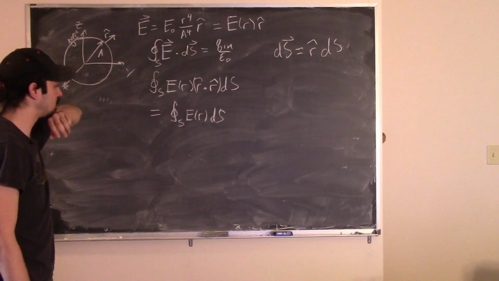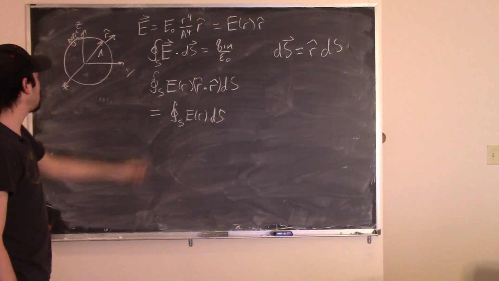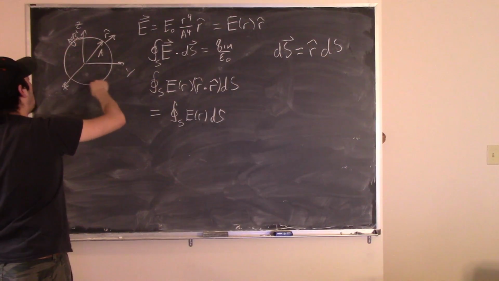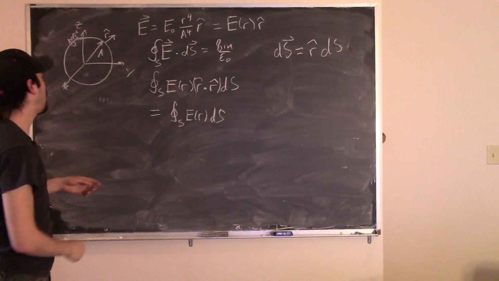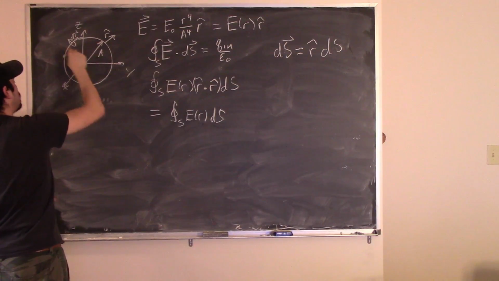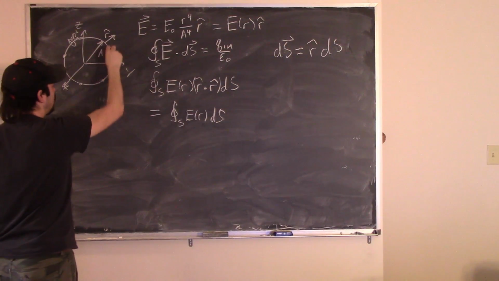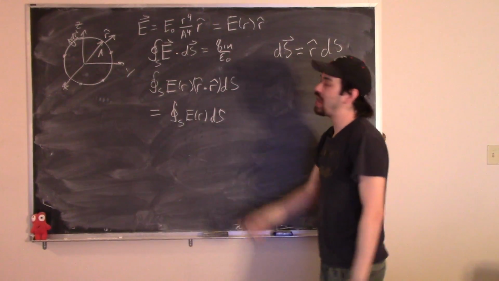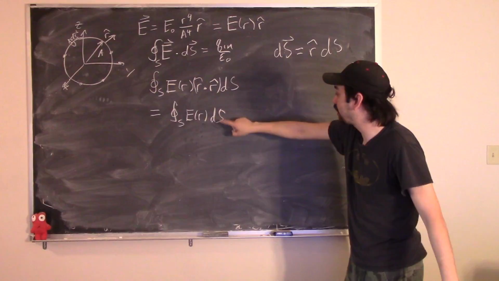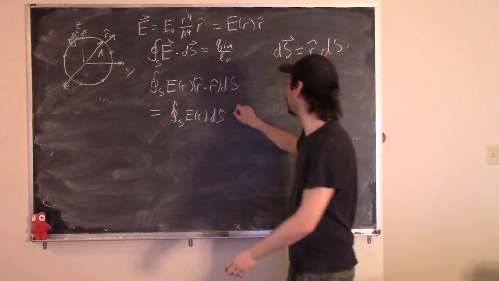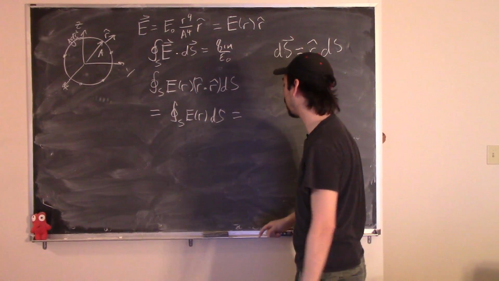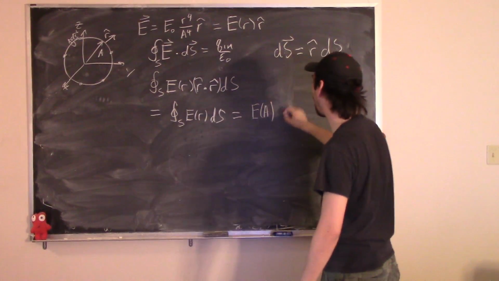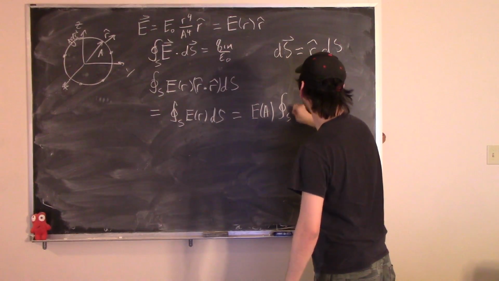So the next thing I can do is say, well, if I evaluate the electric field on this sphere, it's always going to have the same value. It's going to be the same value in terms of its magnitude here and here and here, which means that E at the point A is just going to be a constant with respect to the variables of integration. So the next simplification I can make is to say that this is E at A times the integral of dS.